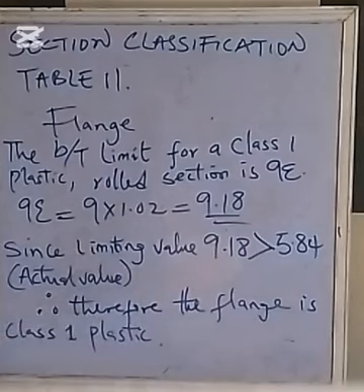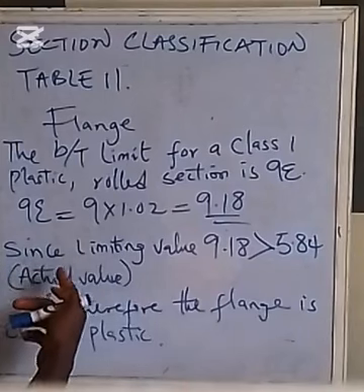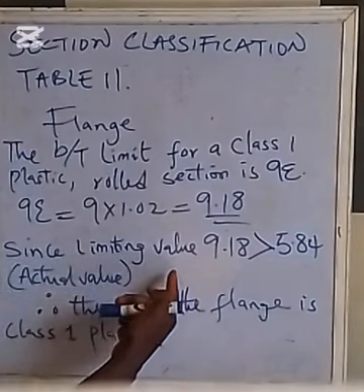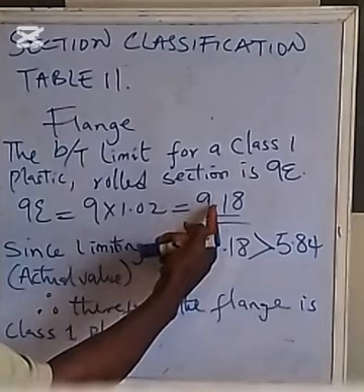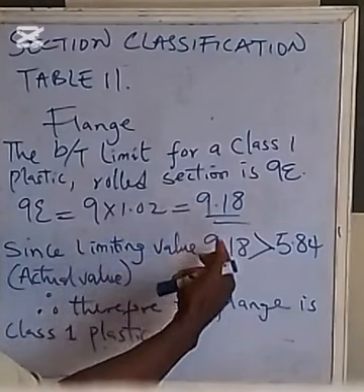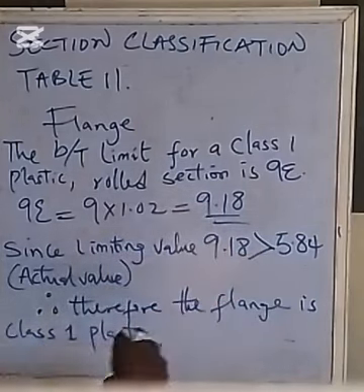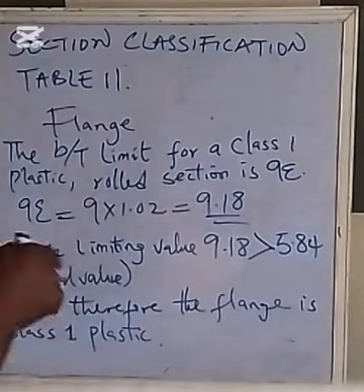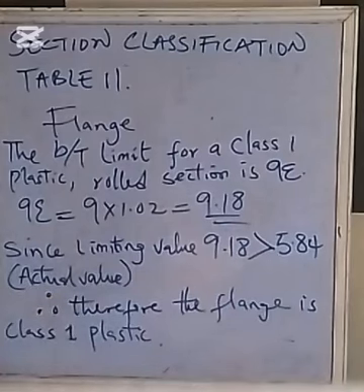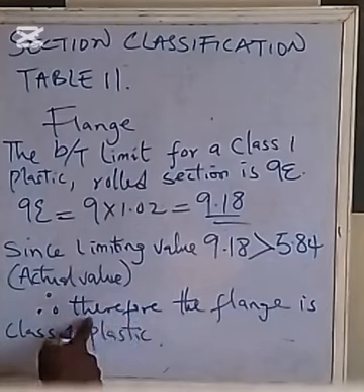So the flange is class 1 plastic because the calculated limiting value that we have here, the one that we just calculated now, is greater than the actual value of the section. So that's why we now say that the flange is class 1 plastic.